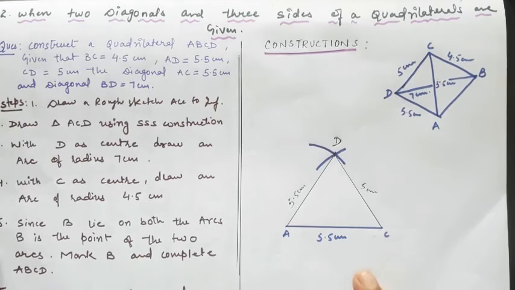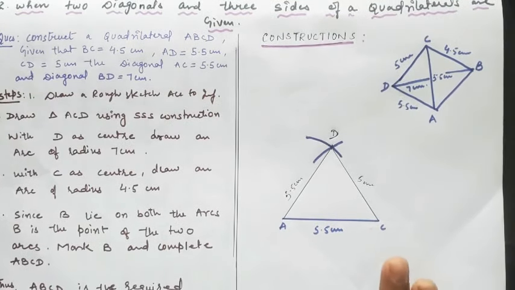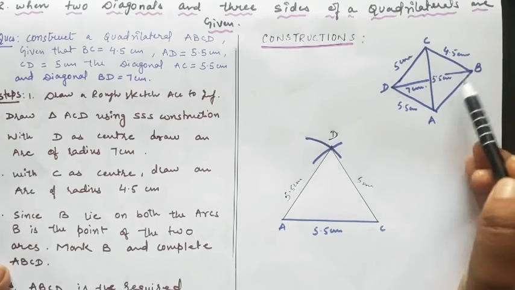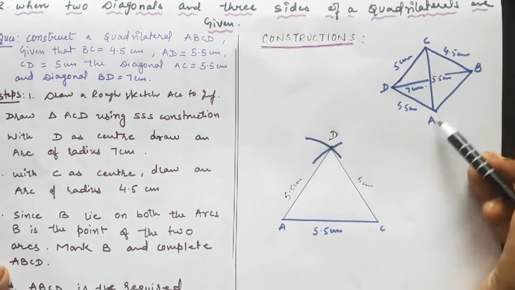Okay. Now, very important step, what you need to do is, see, now here AB is not given.